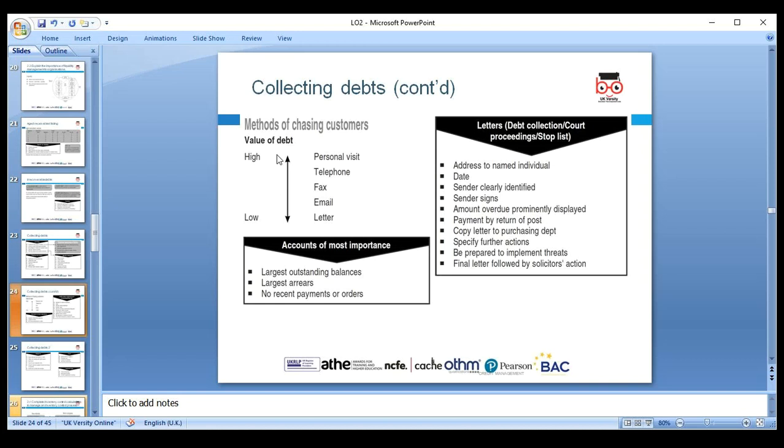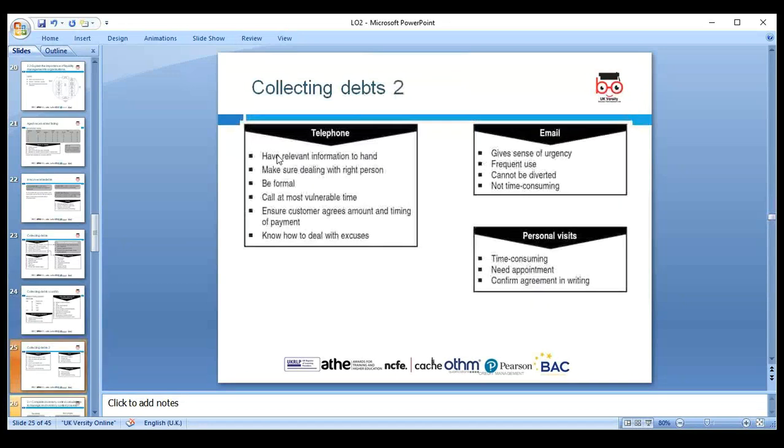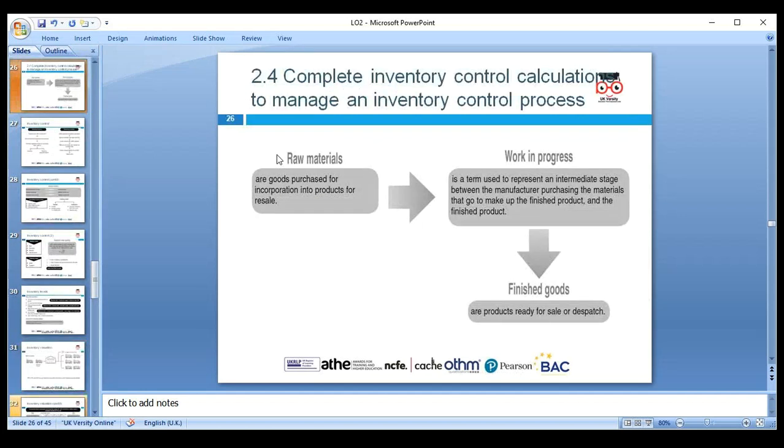So address the name, individual, date, sender's identifiers and sender's signature all need to be clearly indicated in the letters, not a threat in the letters. It is an apology and a goodwill letter. Telephone calls, maybe we can do email, and a personal visit can be done, as we mentioned.